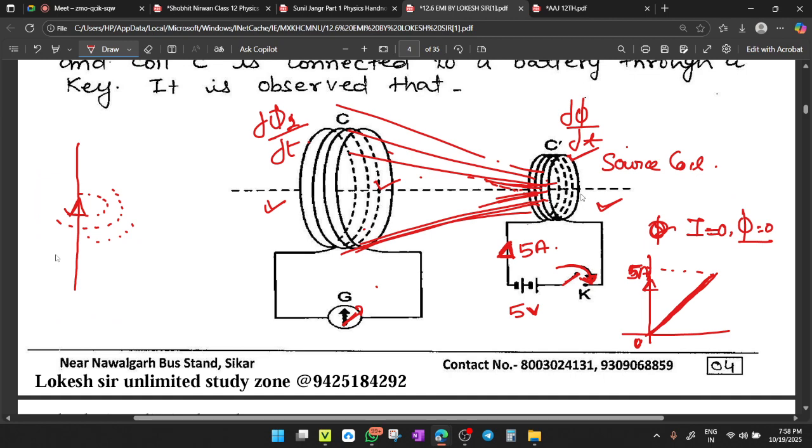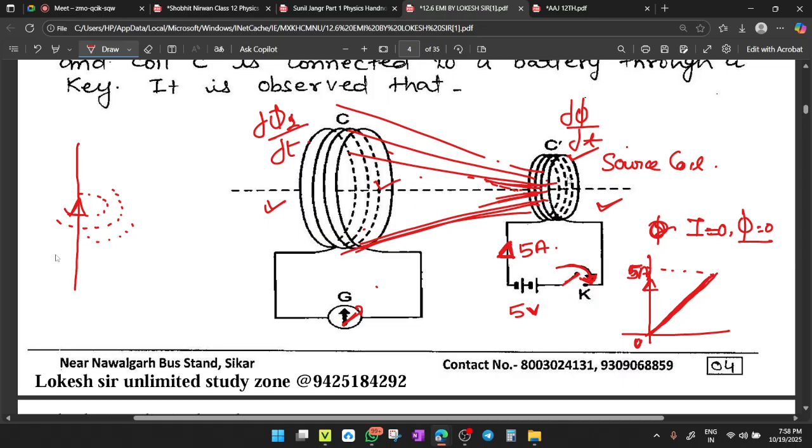First, yes, the first is the source coil, so definitely it will produce a changing magnetic flux. And the same magnetic flux is linked with the second coil, so this coil also encounters a changing magnetic flux. So flux changes in both coils.